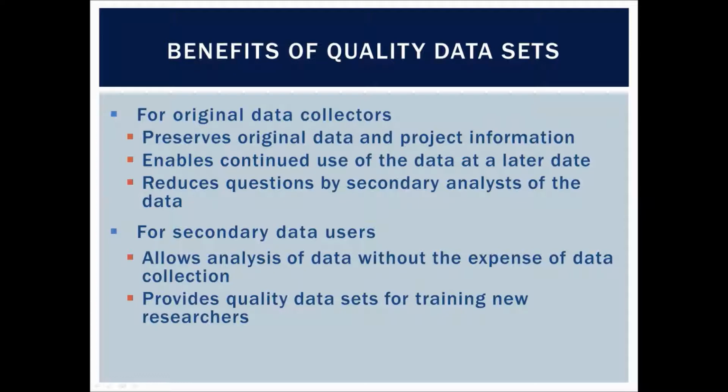It's worth mentioning here that NACJD has a toll-free number that is monitored Monday through Friday, 8 a.m. to 5 p.m. Eastern Time, with the goal of providing assistance to secondary data users. So if the data are high quality, it promotes the ease of working with the data files.